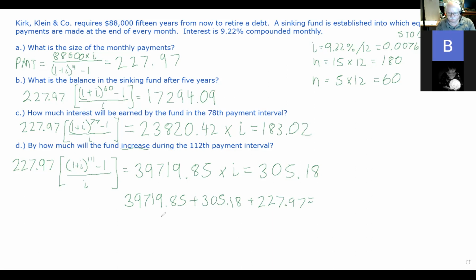So we're just adding up the interest and the payment. 305.18 plus 227.97. And so we don't need this number here. We just need these two. 533.15. So hopefully those are the answers Moodle wanted there.